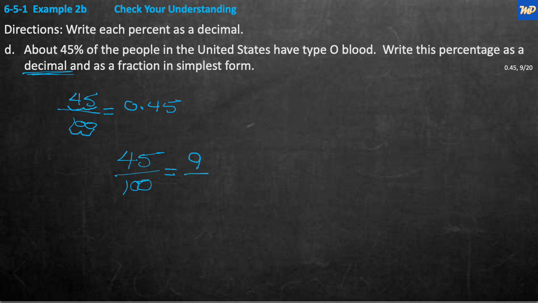And 100 divided by 5 is 20. Can't take this any further because 20 is 10 and 2 and 5 and 4, and 9 is 9 and 3 and 3 and 1. So we're done. So here's your fraction in lowest terms, and here's your decimal, 0.45.